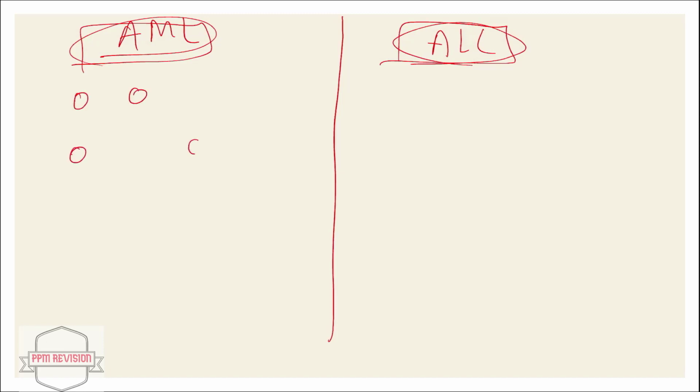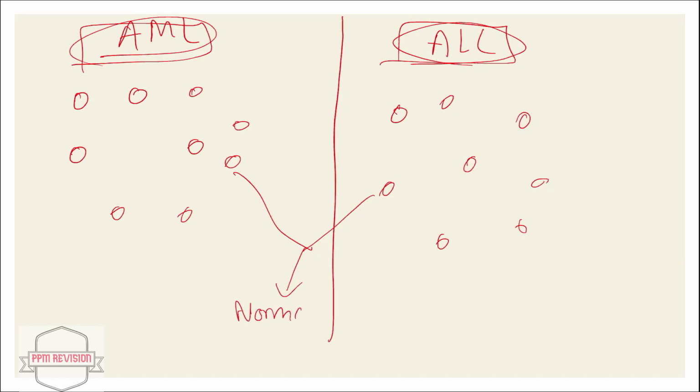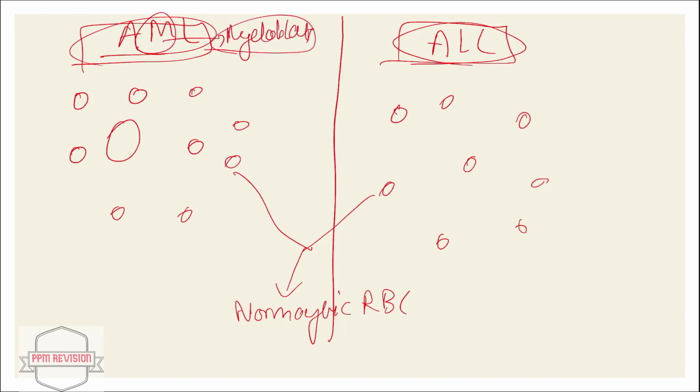In case of acute leukemias, we'll have normocytic RBC. No matter what, acute cases are nothing but normocytic RBC. So both cases, what are we seeing? Normocytic RBCs. Then there is presence of myeloblast. Acute myeloblastic leukemia, right? So we'll have some myeloblast structures, and there's also presence of myeloblast with rods.